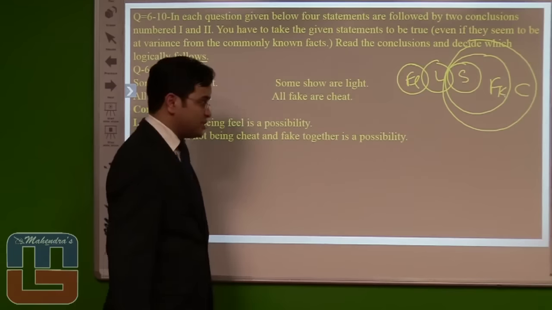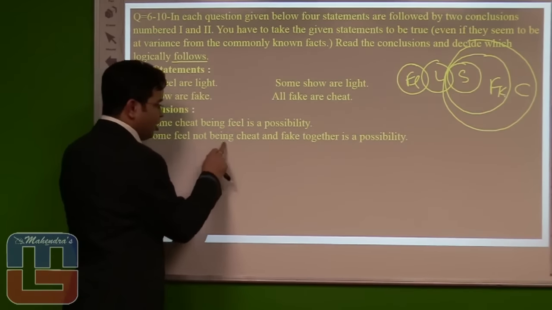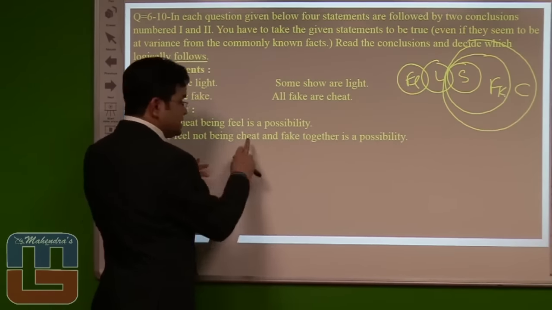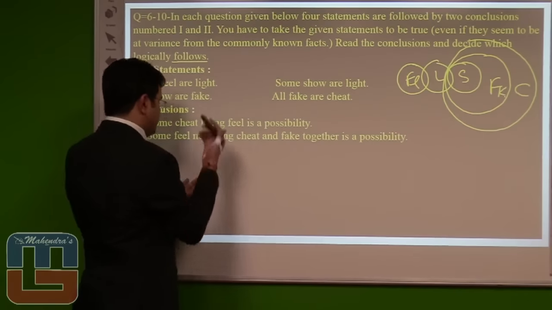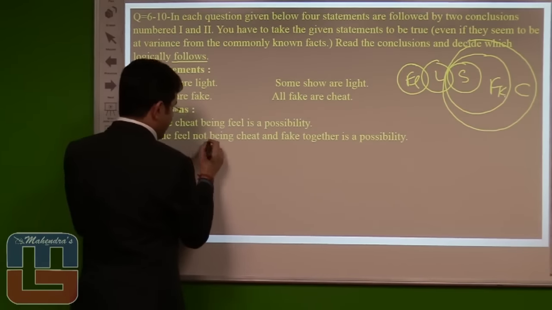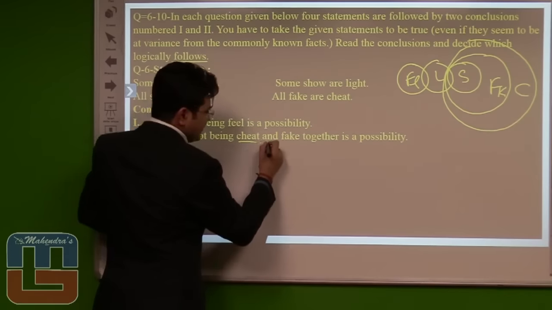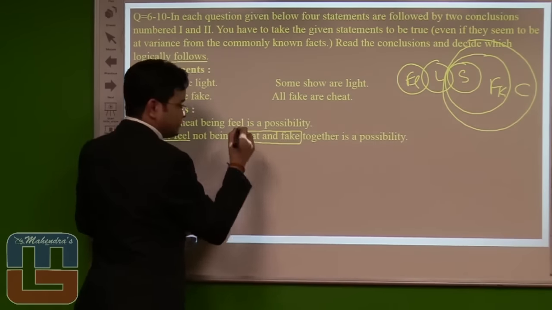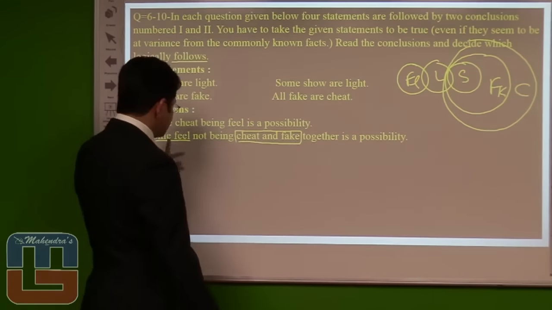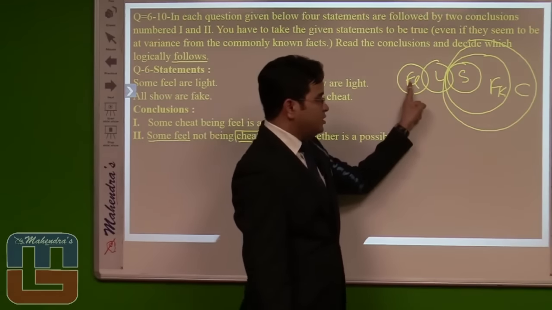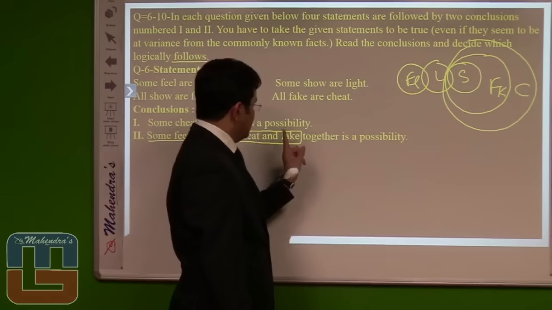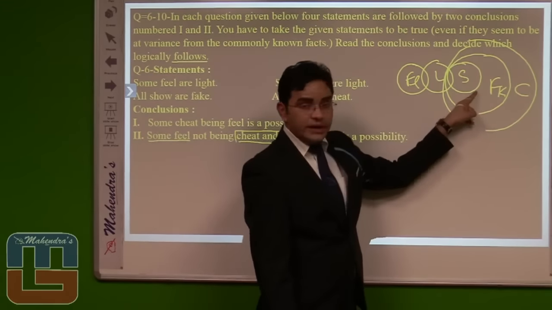So moving towards the next conclusion. Some feel not being cheat and fake together is a possibility. Oh, here it is something very good. Some feel not being cheat and fake together.